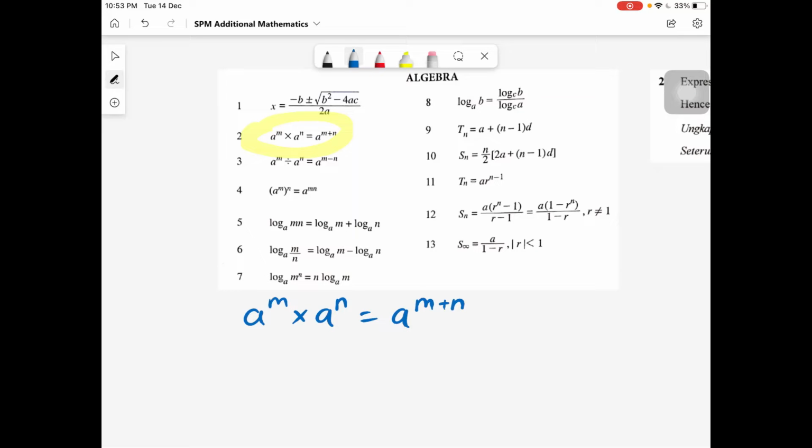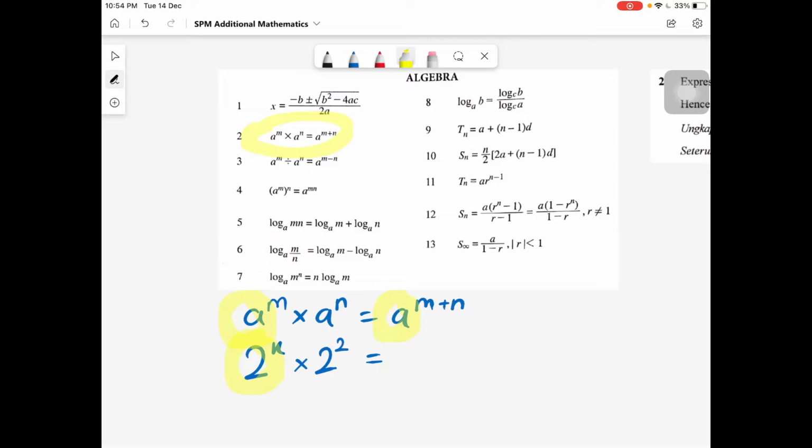Now, if I just give you 2 power x multiplied by 2 power 2, can I say that my a equals to 2?